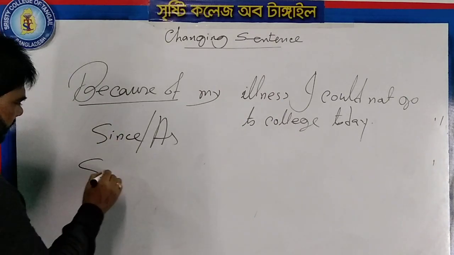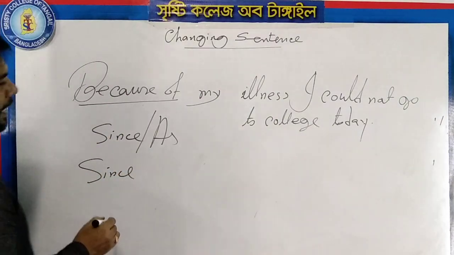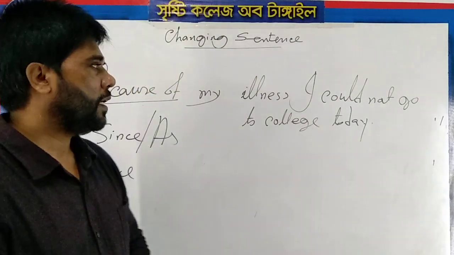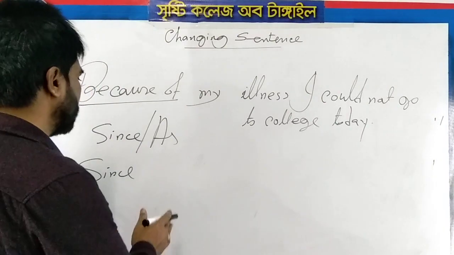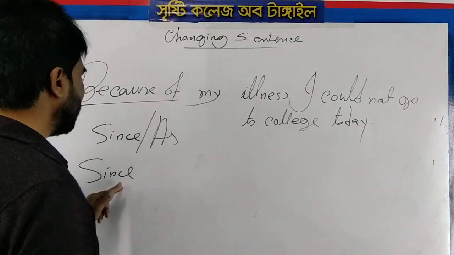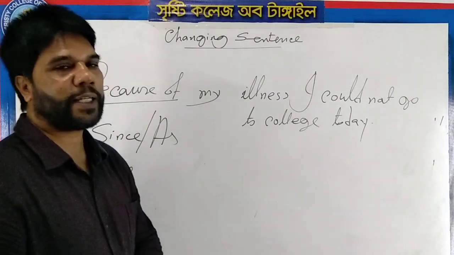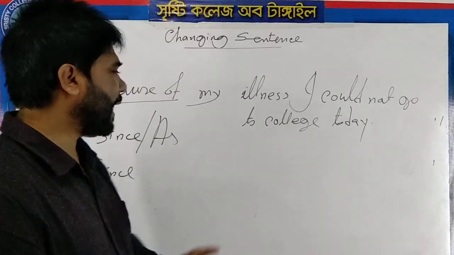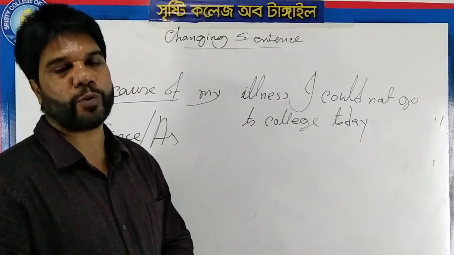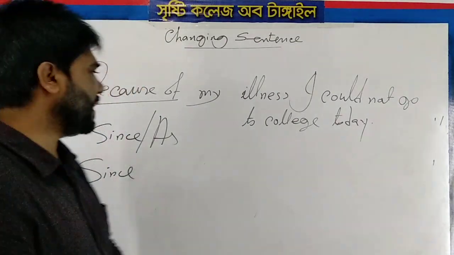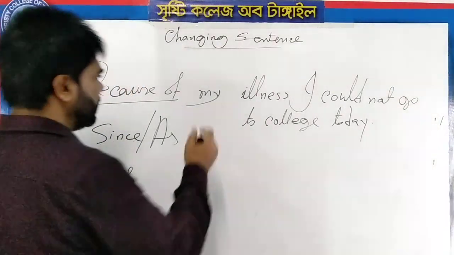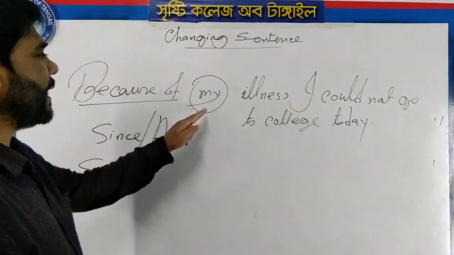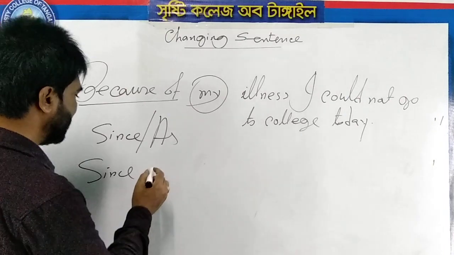Since, and I am going to give you extra information about the uses of since or as. After since or as, what kind of part of speech may be used? Yes, after since or as, a noun will be used. Since my is a possessive pronoun and its pronoun is I.